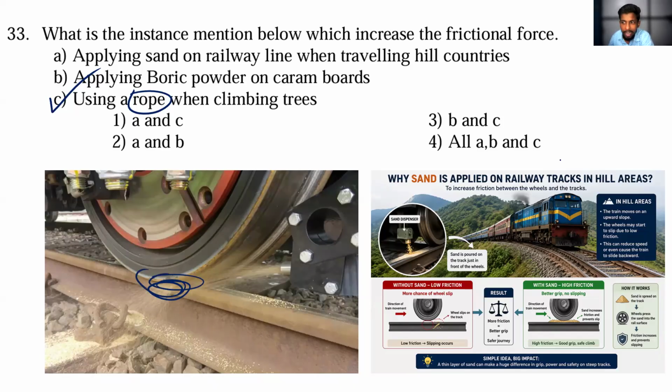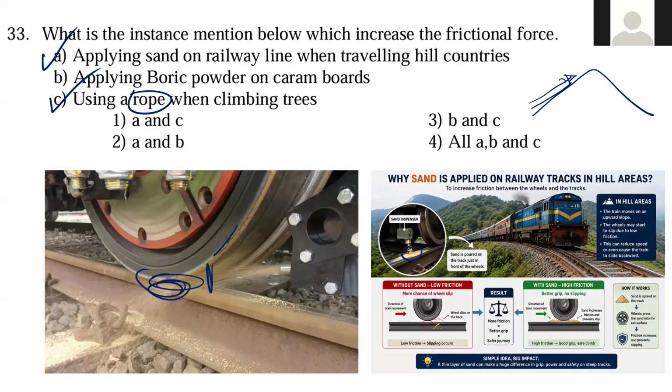In the hill country, if the train wants to move like this, we must have a high amount of force, right? So we apply the sand between the metal railway tracks to increase the frictional force. In the carom board, we are applying the powder.